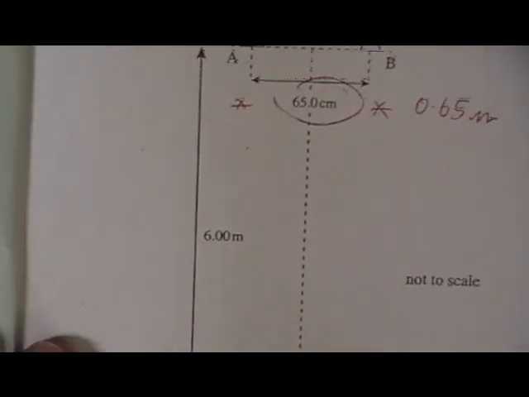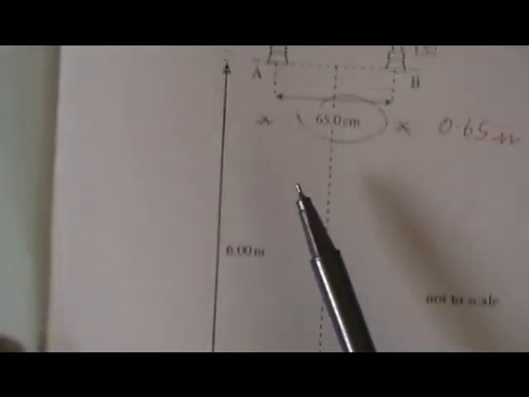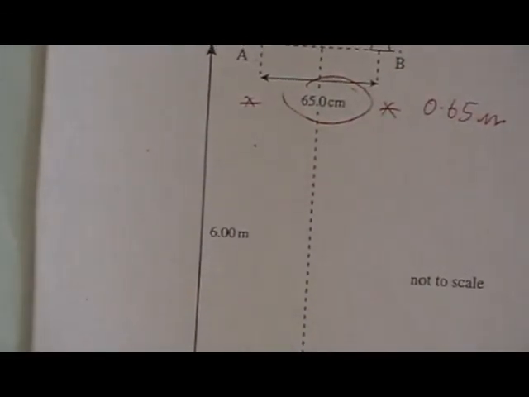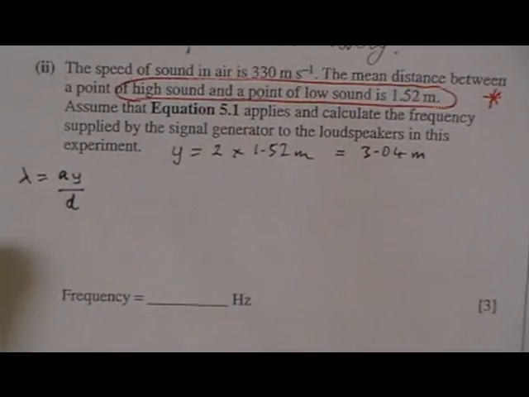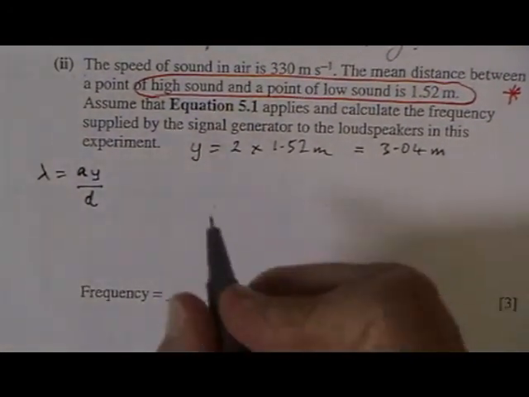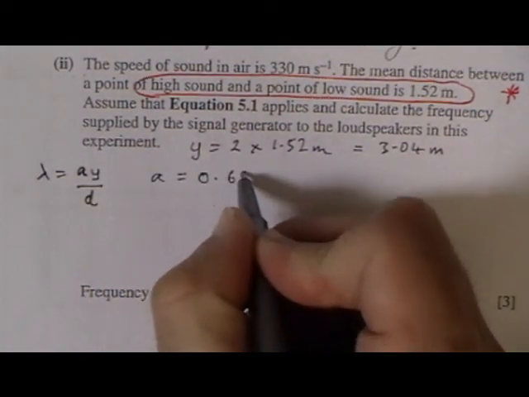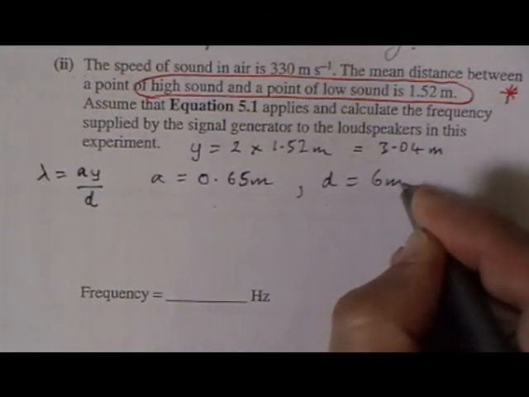And then the other distance that we need is from the slits to the screen, which in this case is 6 meters. So when we go back over the page, we can see that A was equal to 0.65 meters, 65 centimeters, and D was equal to 6 meters.